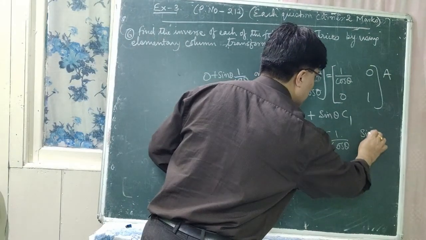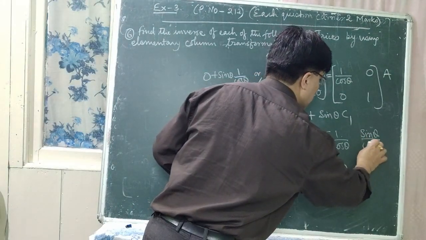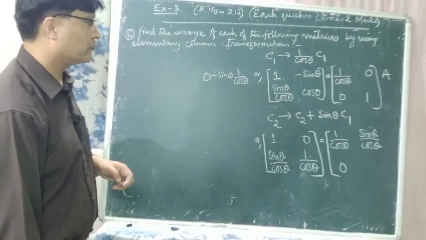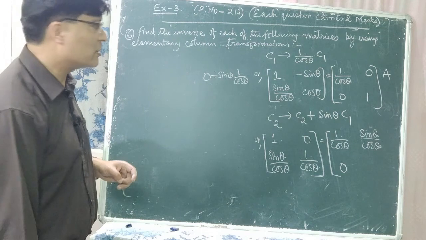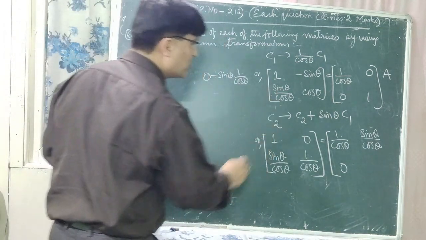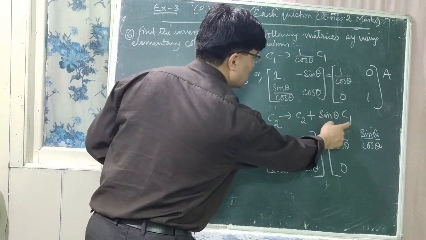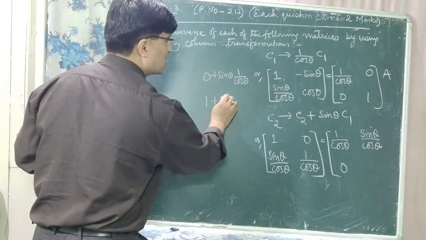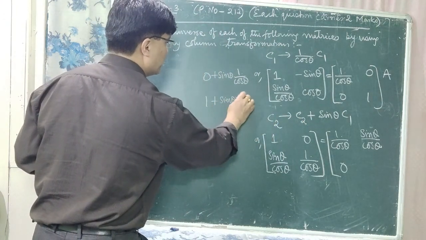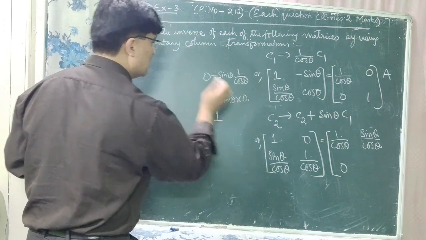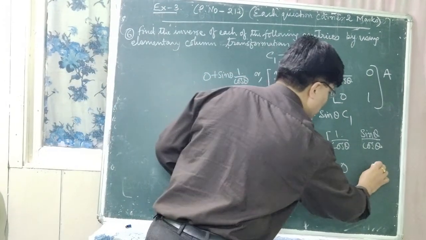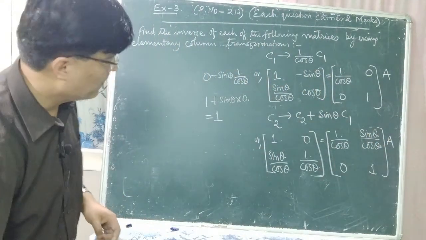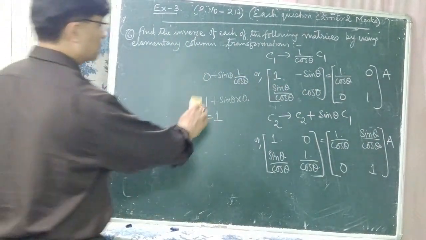So you should write here sin theta by cos theta. I think I've understood it. Next one is C2 plus sin theta C1. This C2 means 1 plus sin theta into 0, which is equal to 1. So this is your 1, and you should write here A. Is it clear now?